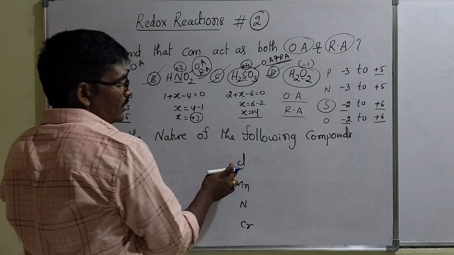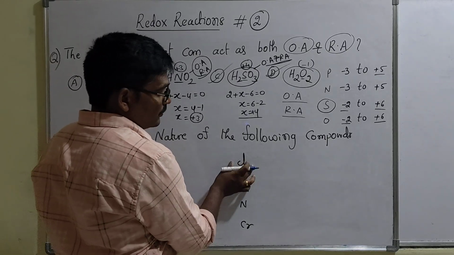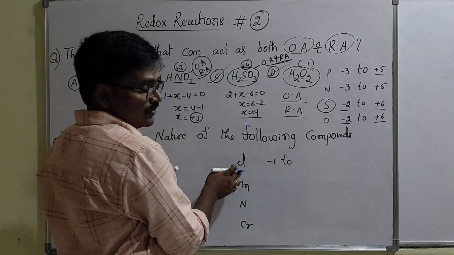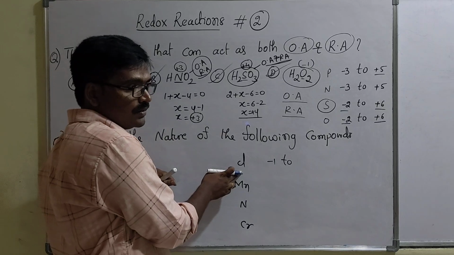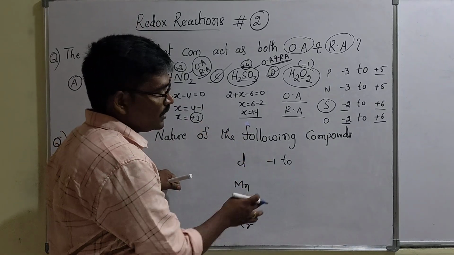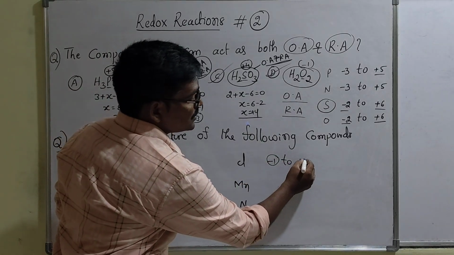For chlorine, minus 1 is the lowest oxidation state, because it is a group 17 element: 7 minus 8 gives minus 1. Plus 7 is the highest oxidation state.